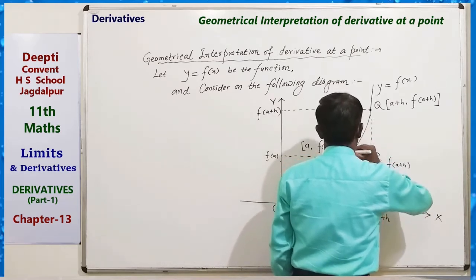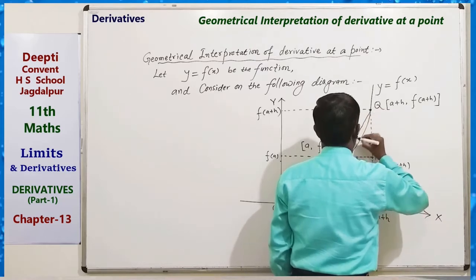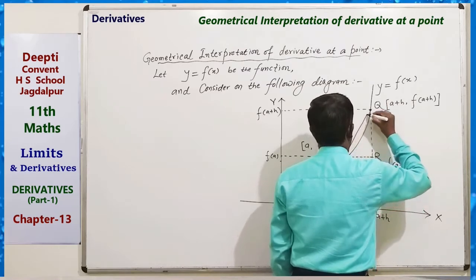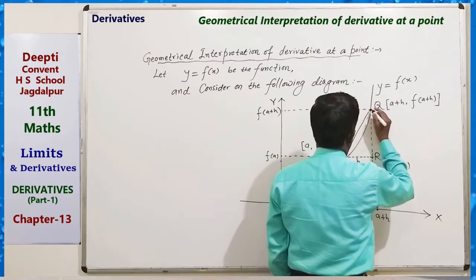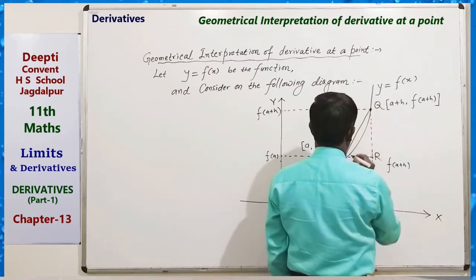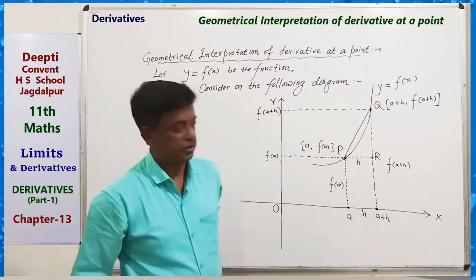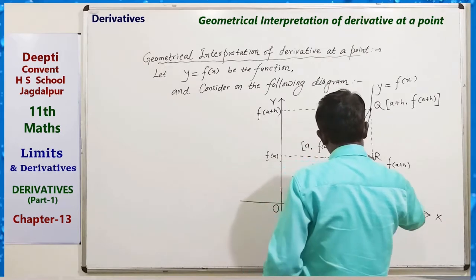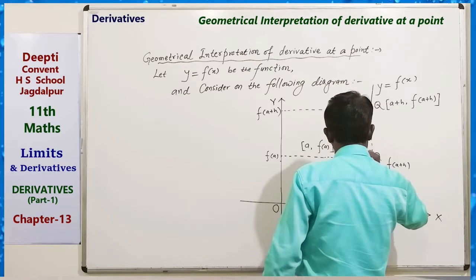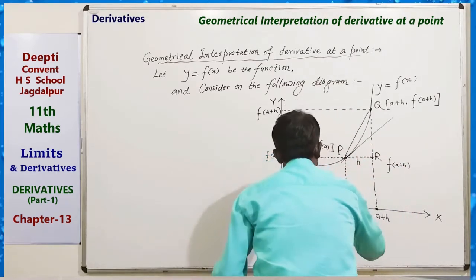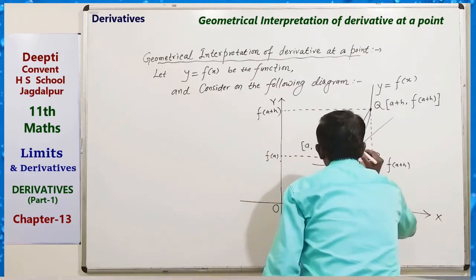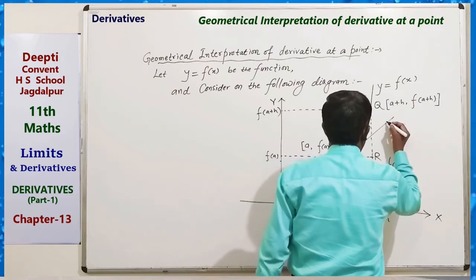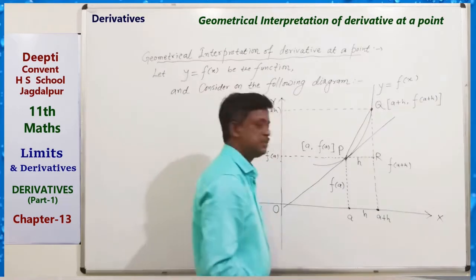Suppose PQ is the chord, just the PQ chord. And this is the tangent.